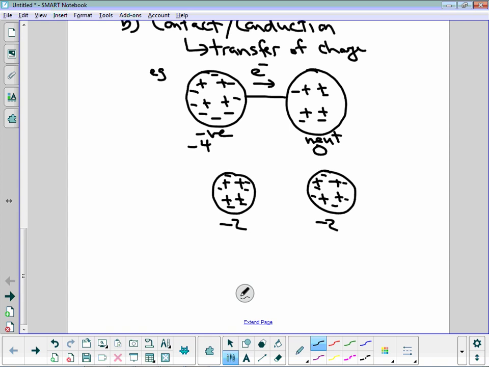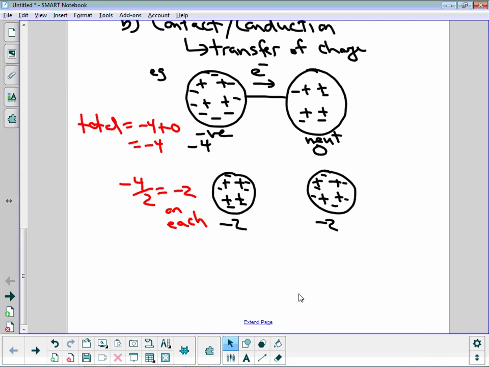Remember we did total -4 plus 0. That means -4 is the total. And then we've got to divide it by 2 afterwards. -4 divided by 2, there's -2 on each. Okay?